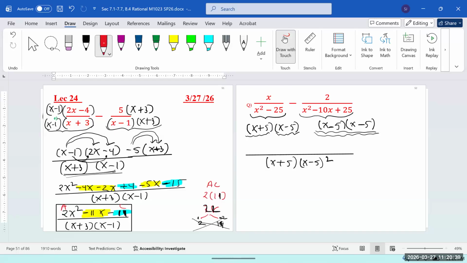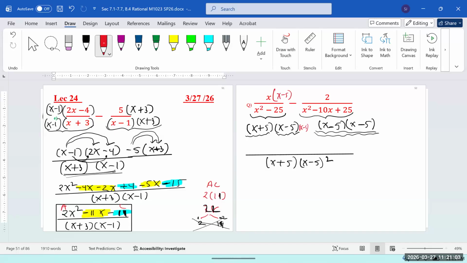So we squeeze the second one here, x minus 5. And we also need to multiply the same thing on the numerator, because we need 2 x minus 5 and 1 x plus 5. But the first denominator is missing 1 x minus 5, so we need to fill that out.